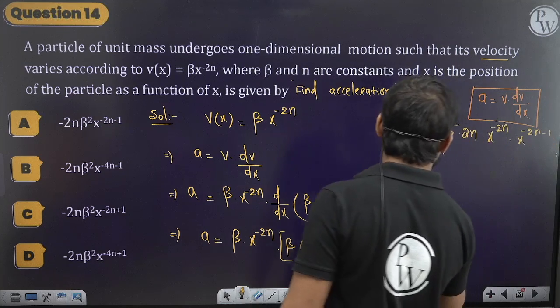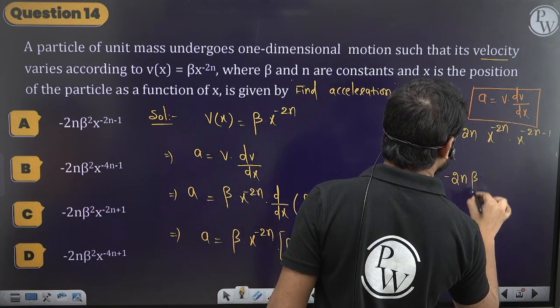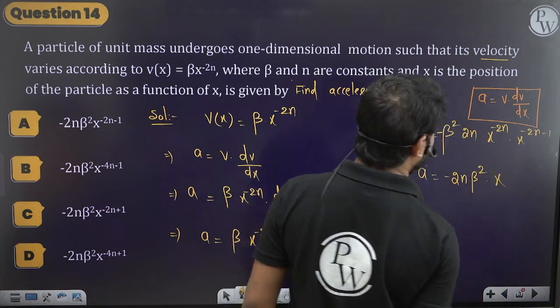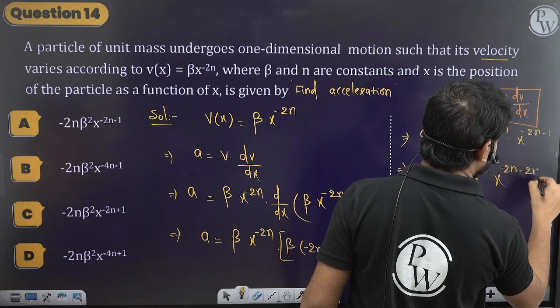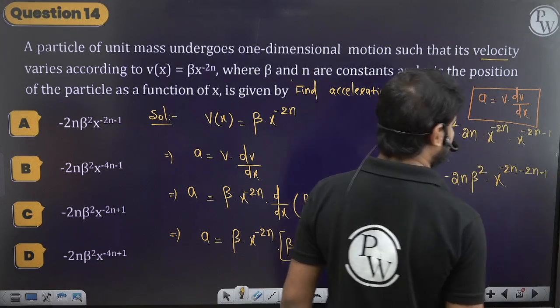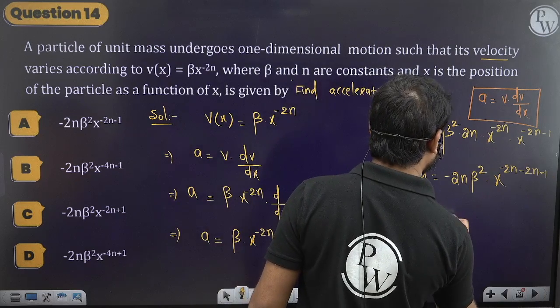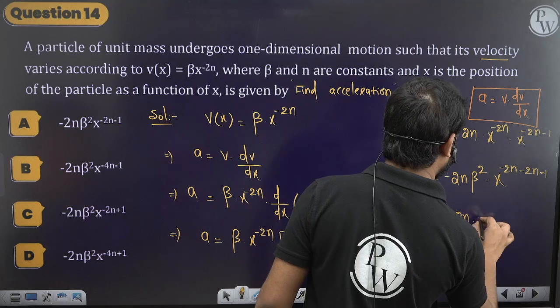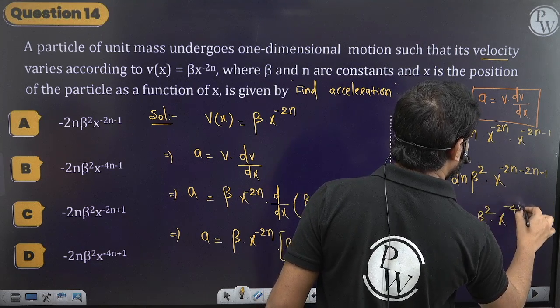These two powers will be added, so we get minus 2n beta square times x to the power minus 4n minus 1.